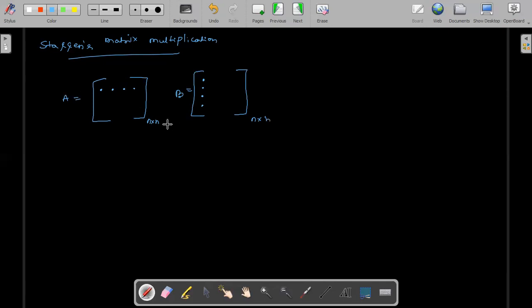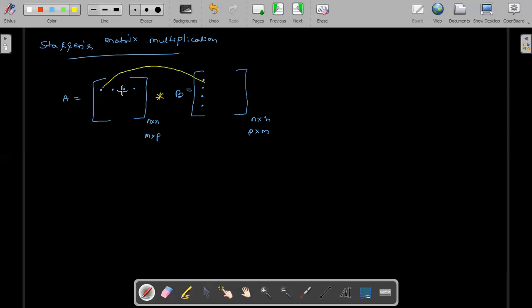Again, I can say it like this also: number of rows m into p, and here p into m. So why am I talking about this? When you are doing the multiplication, please observe here, everybody. I am going to start like this: a11 with b11.